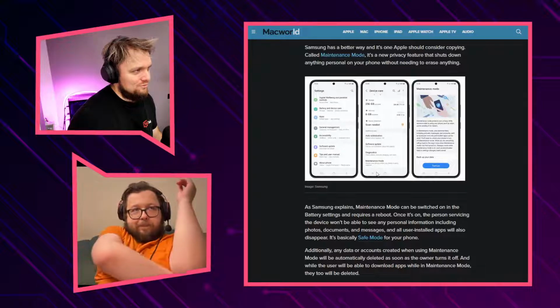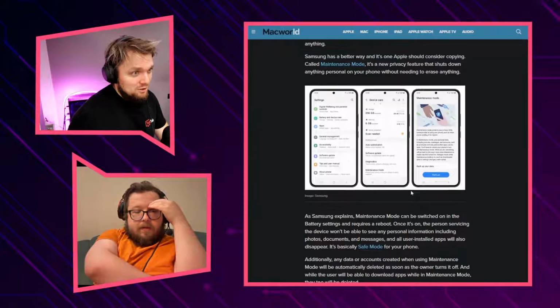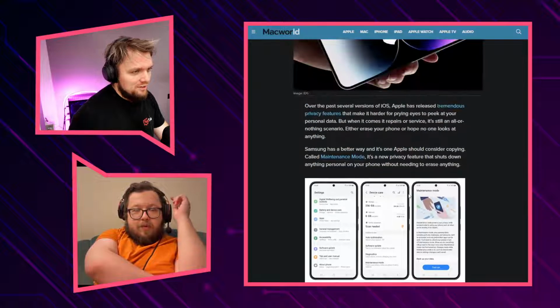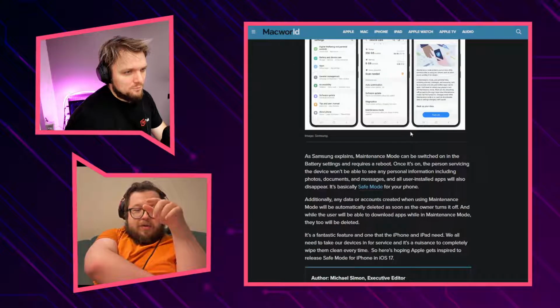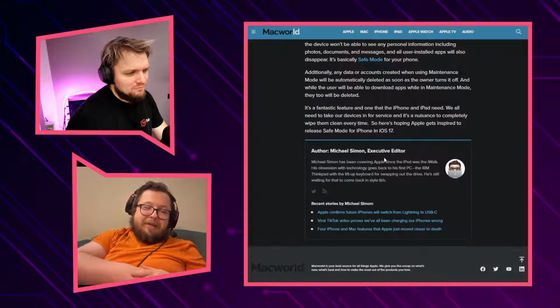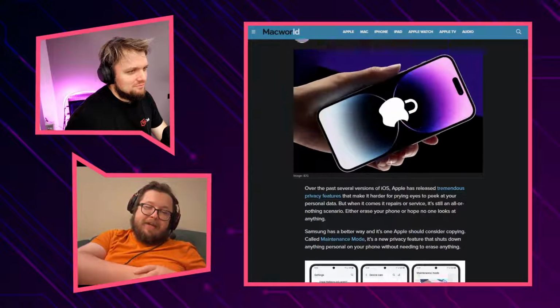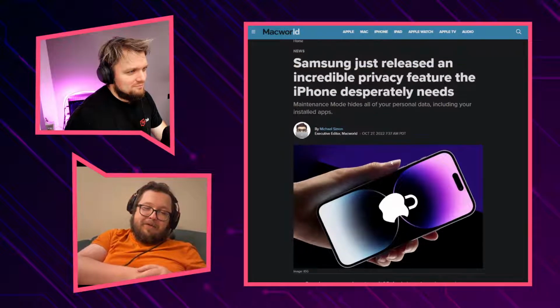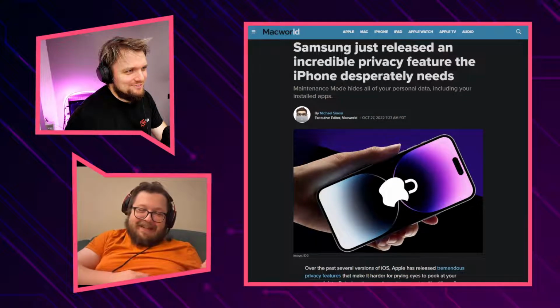So Samsung phones have a maintenance mode, which is kind of nice. I'm sure Apple execs would say you don't need maintenance mode if your phone doesn't break, and iPhones don't break, ergo you don't need it. But yeah, it's a cute feature.